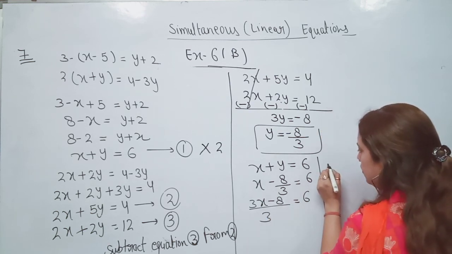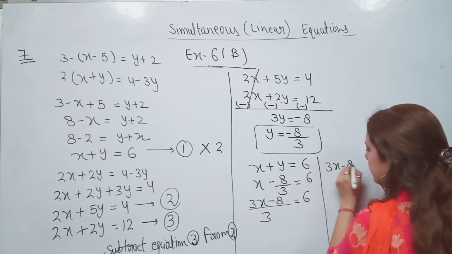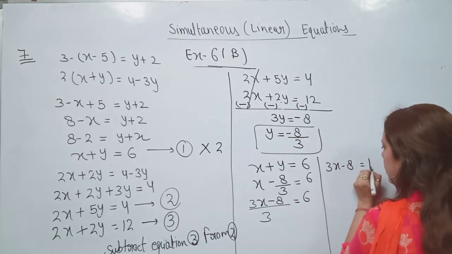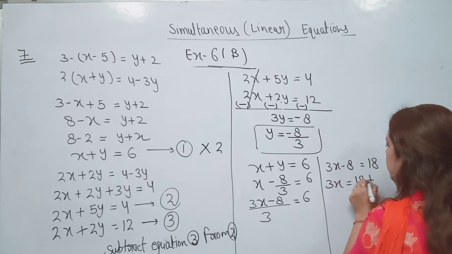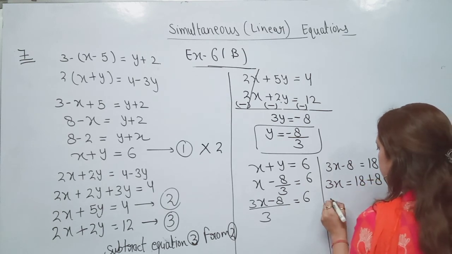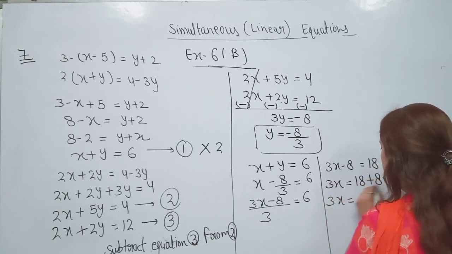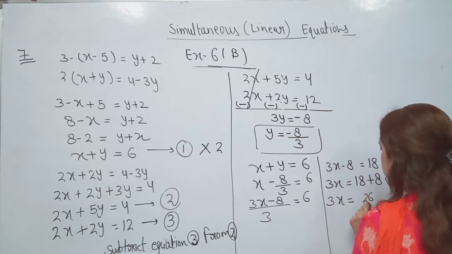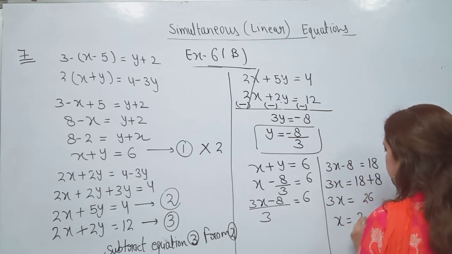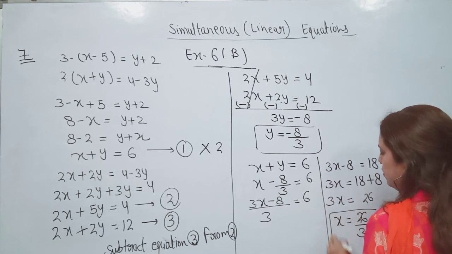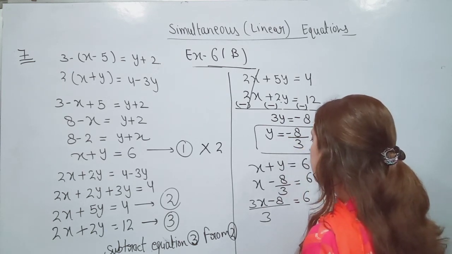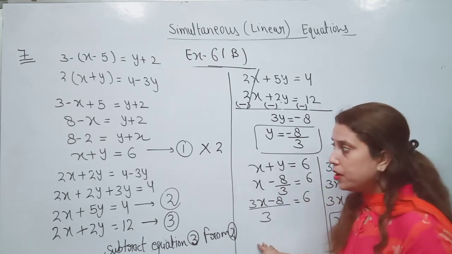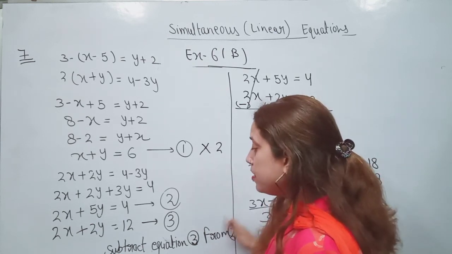So 3x minus 8 is equal to 18, 3x is equal to 18 plus 8. 3x is equal to 26. x is equal to 26 by 3. So the value of x will be 26 by 3 and the value of y is equal to minus 8 by 3.